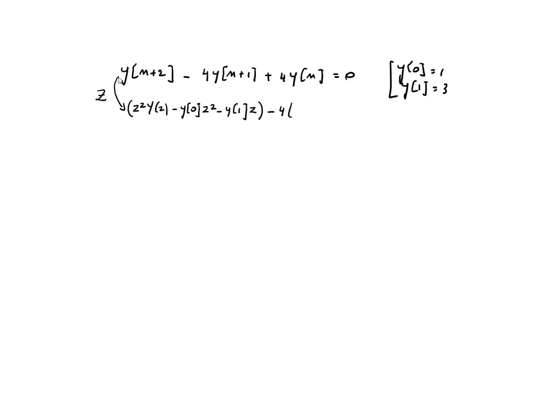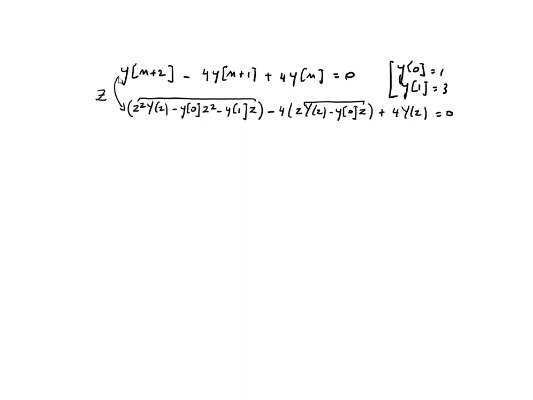Minus 4 times zY(z), and here now we shift by 1 to the left, so y[0] will disappear and it will appear at index minus 1, so z to the power minus minus 1, so that's a z over here, plus 4Y(z) is equal to 0. So again, this you should be able to do at the time of the exam.